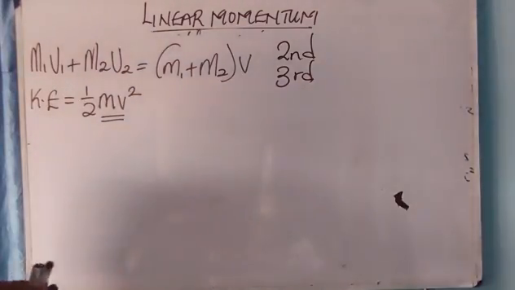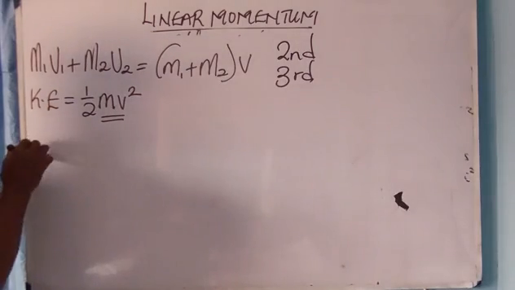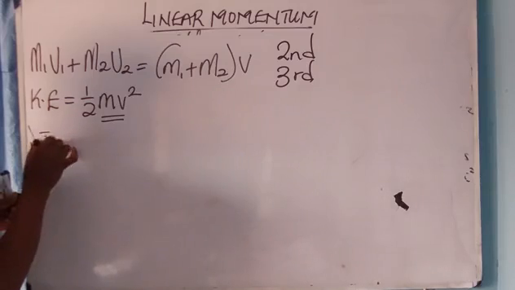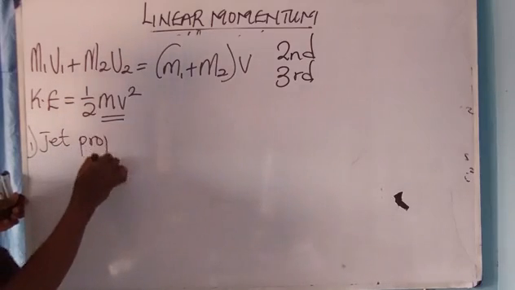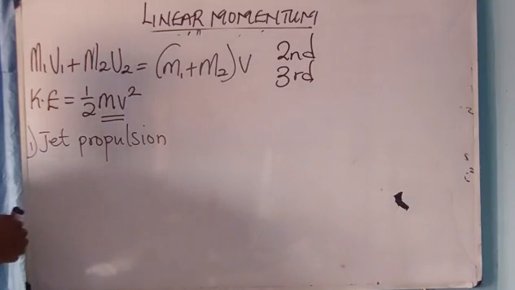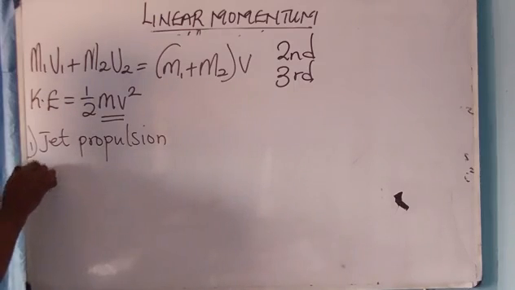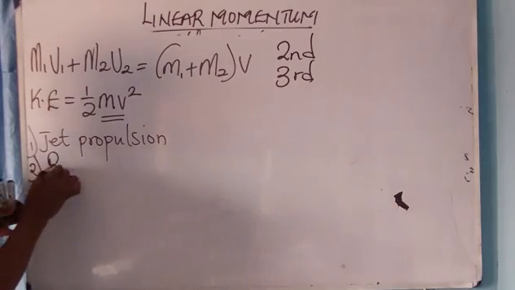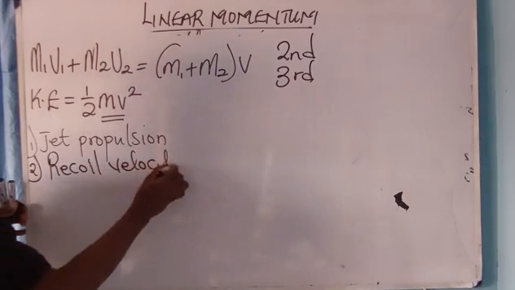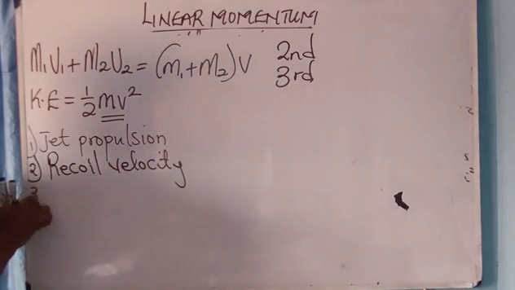Now we have applications of linear momentum. In what case do we apply linear momentum? One, jet propulsion. We have two, recoil velocity, and we have what?